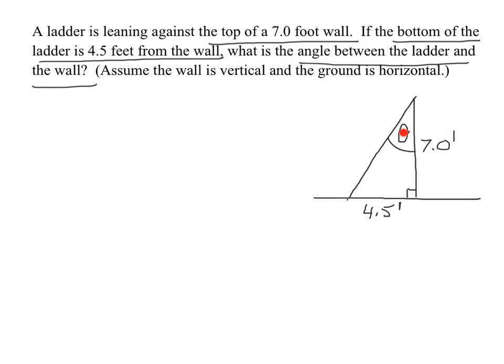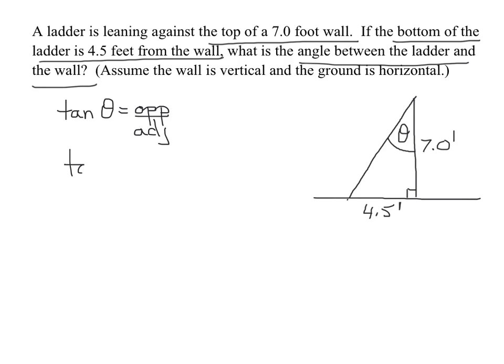If I look at angle theta, 4.5 is the opposite side, 7 is the adjacent side. So which trig function involves opposite and adjacent? That will be the tangent. And we know that the tangent of theta is opposite over adjacent.